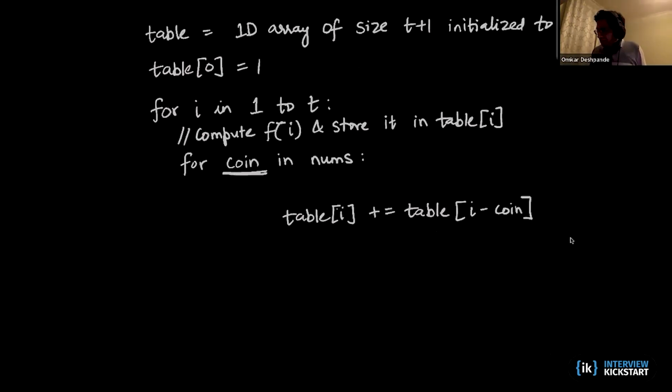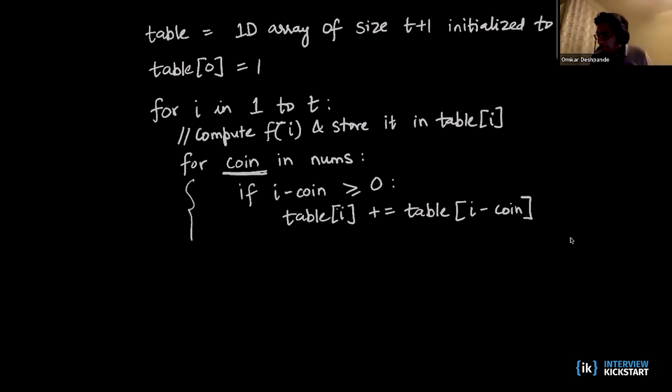So we are not going to increment table of i if we fall back on one of those cases. In other words, we do this only as long as i is greater than or equal to coin. So as long as i minus coin, this subproblem size, is at least 0, we will do this.